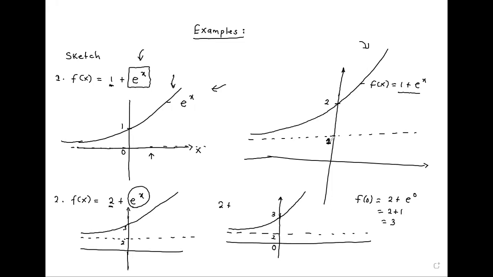So the asymptote ceases to be 0, it now becomes 1. What is 1 plus 1? 1 plus 1 is 2. So the intercept has become 2. And then we bring the same shape. And that's how we sketch it.